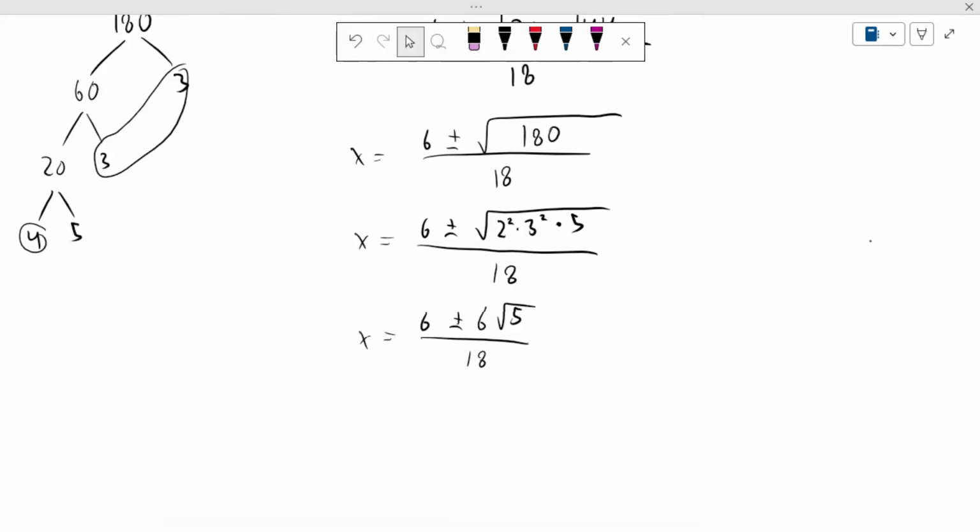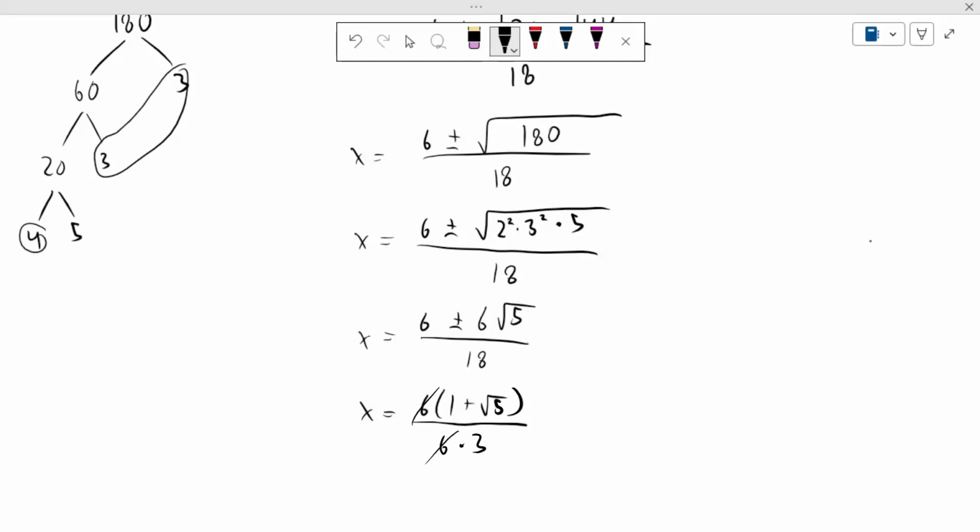Now you might be tempted to simplify the 6 and the 18 here. Just be very careful when you do that. You can only cancel things in the numerator with things in the denominator if you factor them out first. So I can factor a 6 out of the numerator, no problem, but then I'll be left with 1 plus the square root of 5. Downstairs, I can factor a 6 out of the 18, that's 6 times 3.